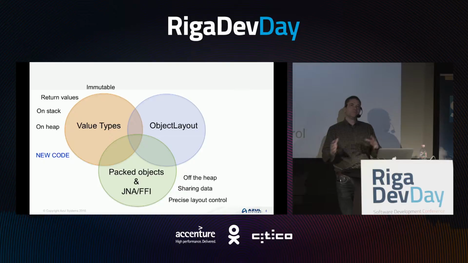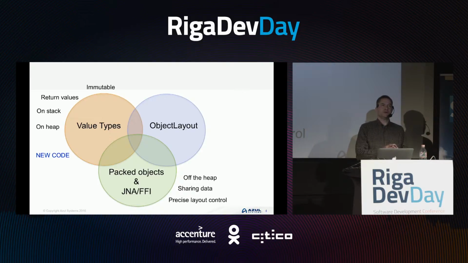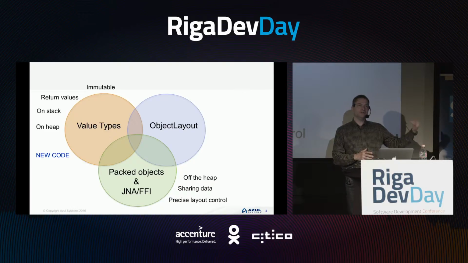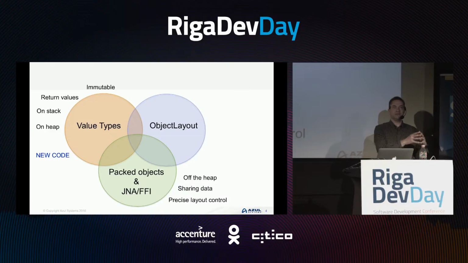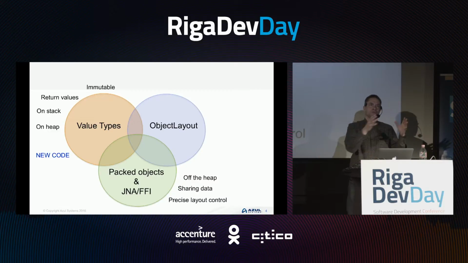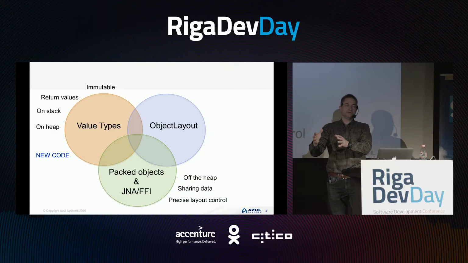Packed objects. These, as I mentioned, are very much off the heap. So it's when you're dealing with native code, native interfaces, foreign function interfaces, where you might have data which is not on the heap. How do you use those? It's about sharing data between Java code and native code.